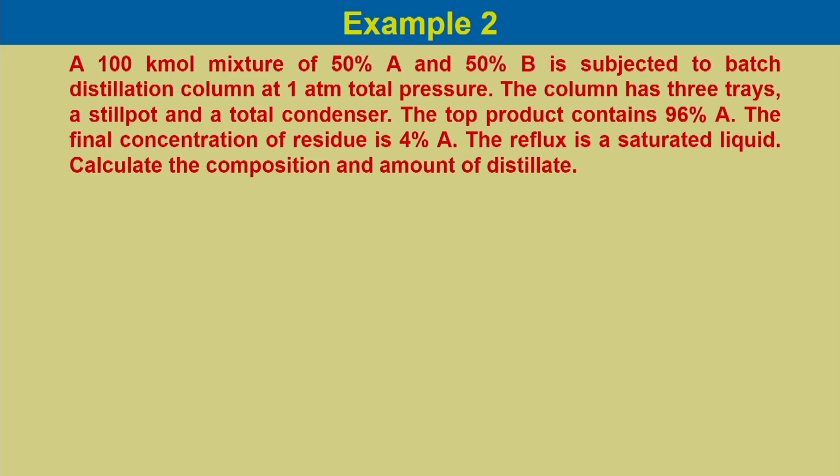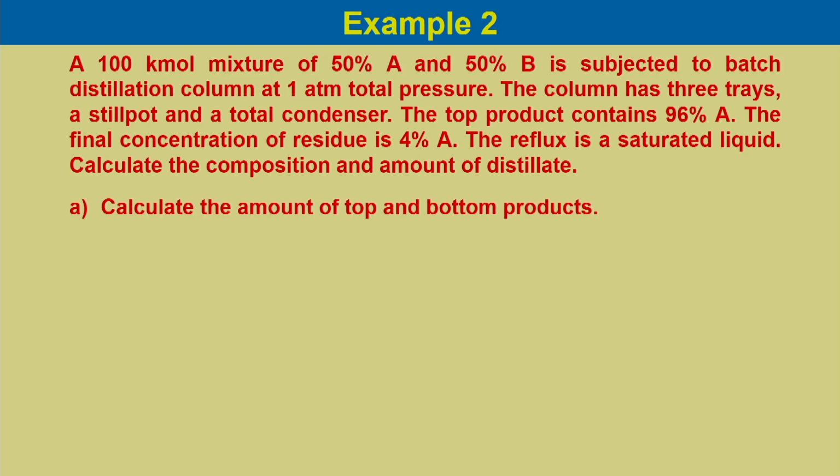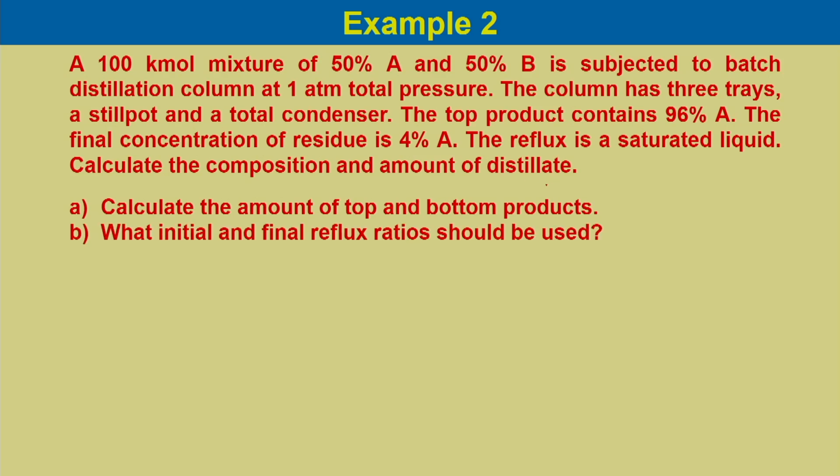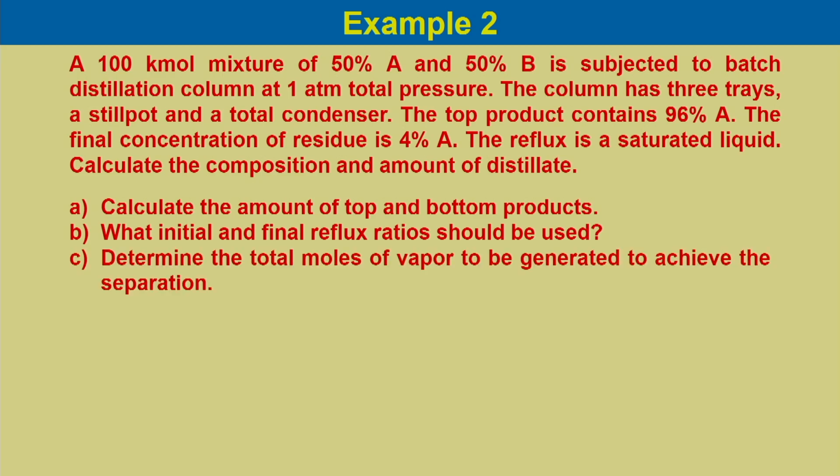Calculate the composition and amount of distillate, that is one, and another one is the amount of top and bottom products, that is distillate and the composition as well. What initial and final reflux ratios should be used, and determine the total moles of the vapor to be generated to achieve the separation.